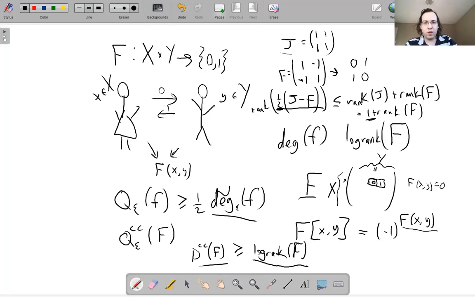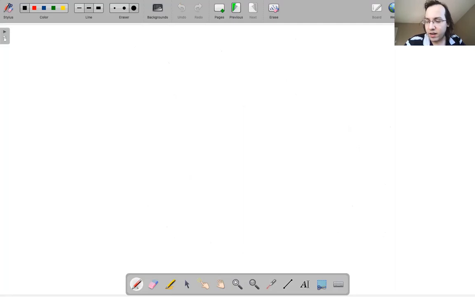Okay, so that's the exact rank. The reason it's analogous to exact degree is, well, maybe this is not too easy to argue, but very roughly the intuition is that if we want to talk about the degree of a Boolean function, we want to write the function f of x as a polynomial.